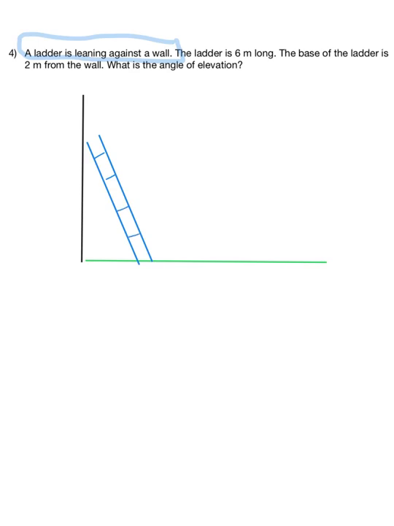Alright, so we built a right triangle here. We're told the ladder is 6 meters long, and we're told the base of the ladder is 2 meters from the wall. Last of all, the question asks us, what is the angle of elevation? So, you're going to have to decide which angle to solve for, and then you can get your answer.